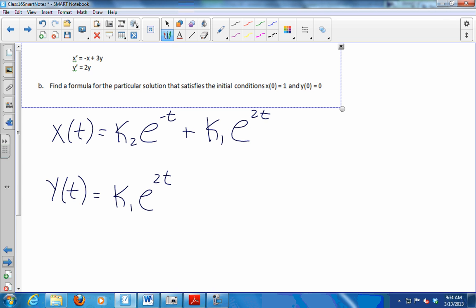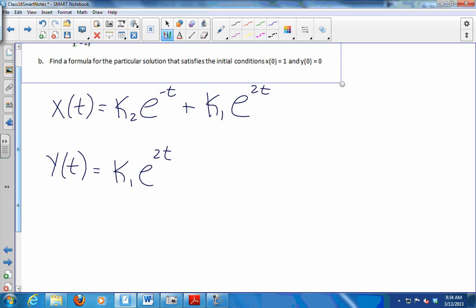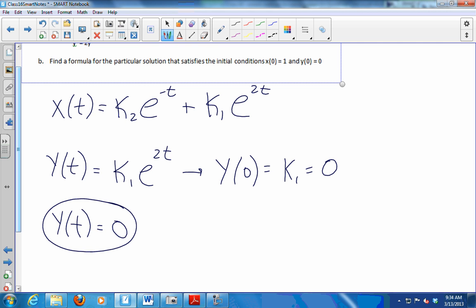All right, so y of 0 has to be 0. So y of 0 is k1, which has to be 0. And if k1 is 0, that means that y of t is the constant function 0. So y of t equals 0.